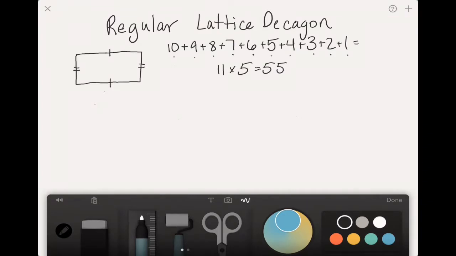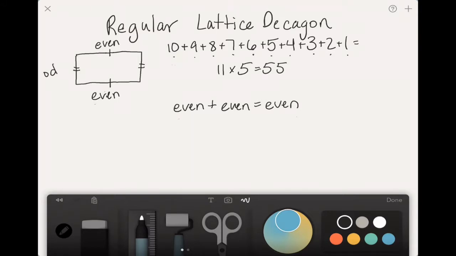So what are the possible combinations? If this side ended up having an even total, this side would have to have an even total. And an even number plus an even number is an even number. So the sum of those two parallel sides would have to be even.